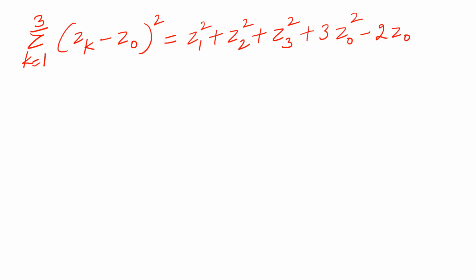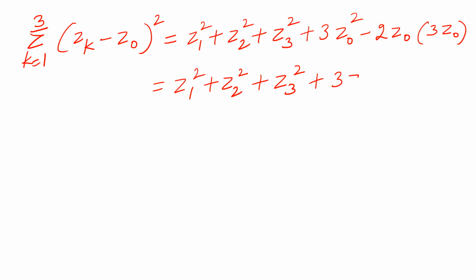Now students, in place of Z1 plus Z2 plus Z3, just put 3 into Z0. So now this summation becomes equal to Z1 square plus Z2 square plus Z3 square plus 3 into Z0 square minus 6 into Z0 square.